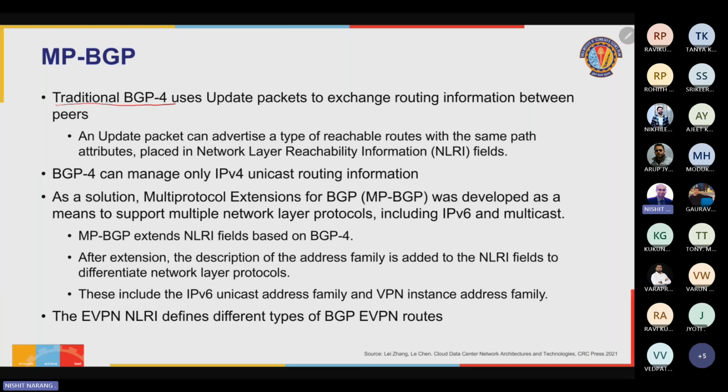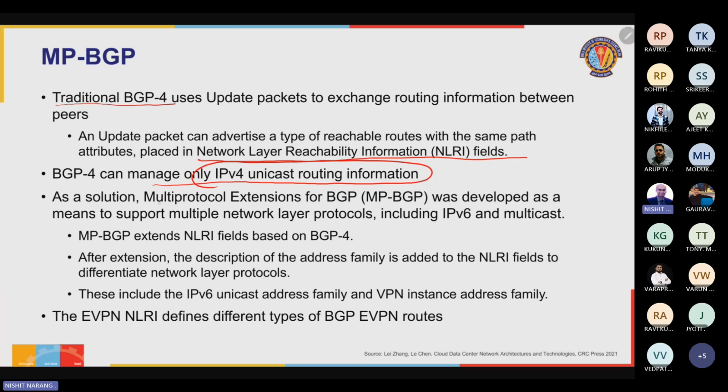Traditional BGP4, the information that it exchanges is IP information. But it has a field called NLRI, Network Layer Reachability Information. So when BGP4 was designed, it was designed only to manage IPv4 prefix exchange amongst border gateway routers.